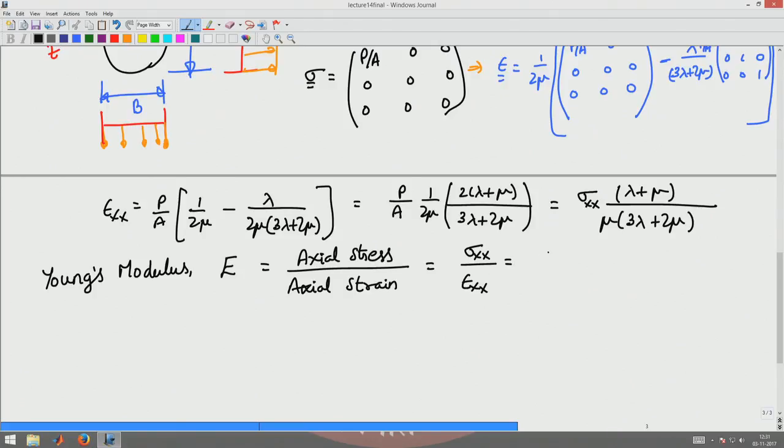From the above equation this will boil down to mu times 3 lambda plus 2 mu by lambda plus mu. Thus, Young's modulus is given by mu times 3 lambda plus 2 mu by lambda plus mu.